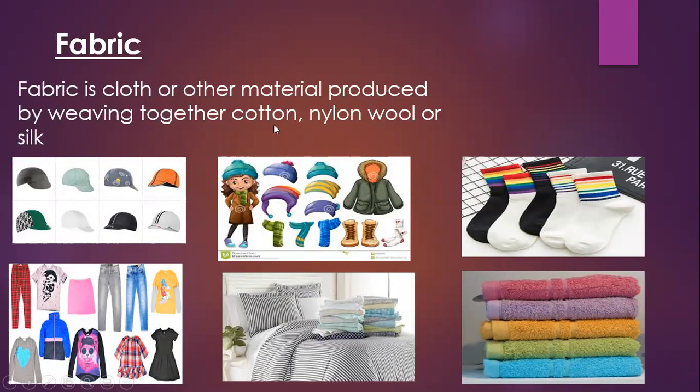These are the different types of fibers from which your clothes, caps, bedsheets, towels, and socks are made. Look around you, you are wearing your dresses, then you have a towel, maybe in your room, bed sheets on your beds. If you are wearing socks, then all these are made from different types of fabric. So it is another type of material.